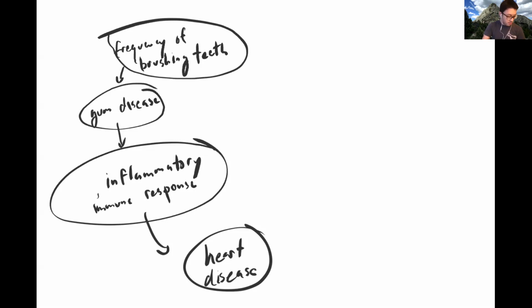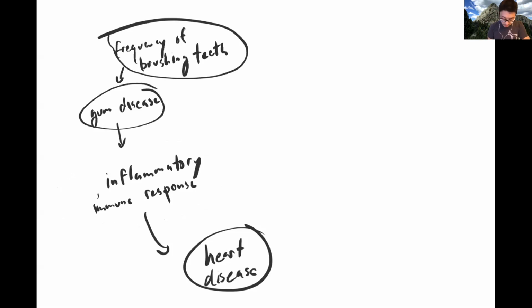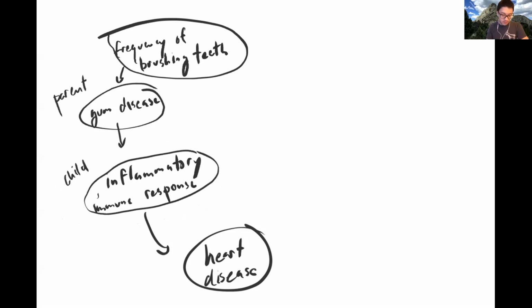Let me quickly talk about some nomenclature for the graphical causal model. Actually, let me clear this circle. When we talk about the network, the things downstream are children and the things upstream are parents.